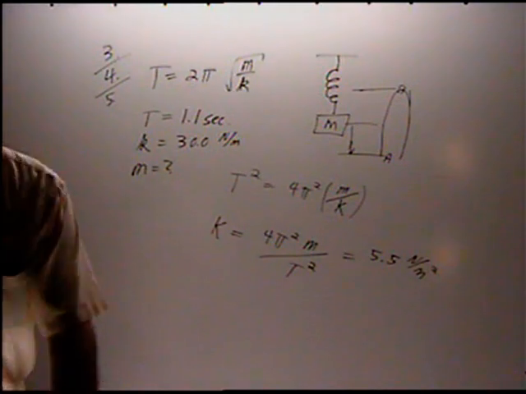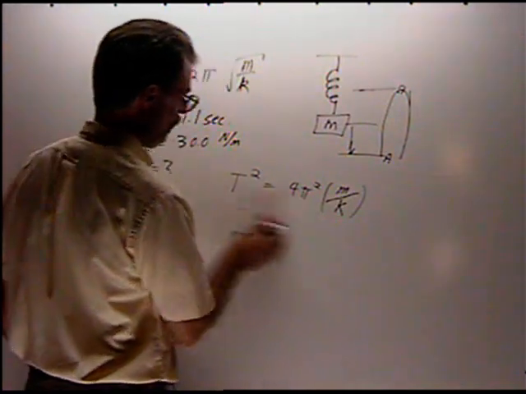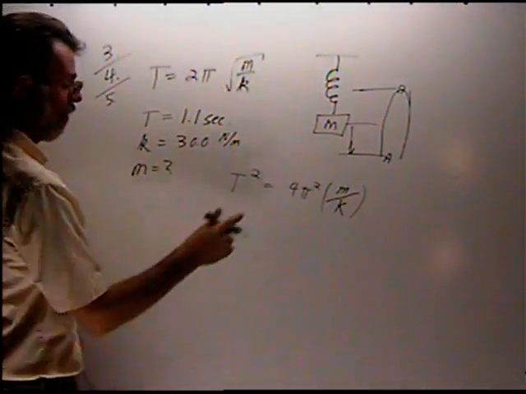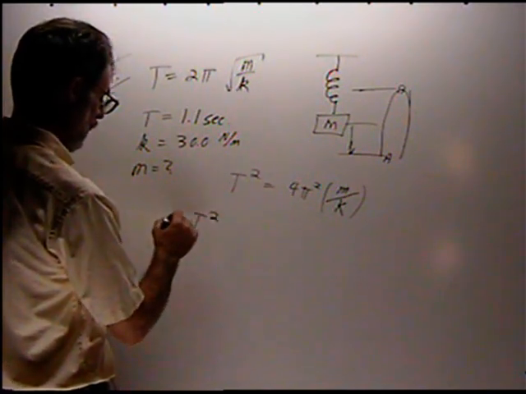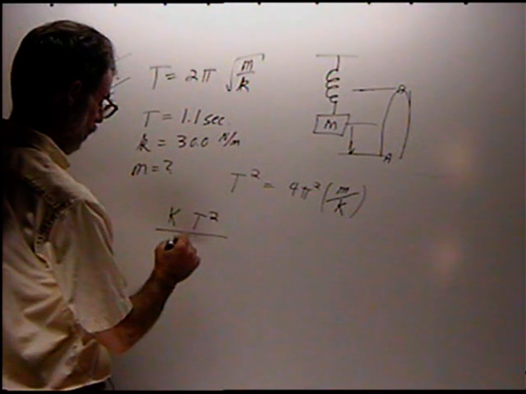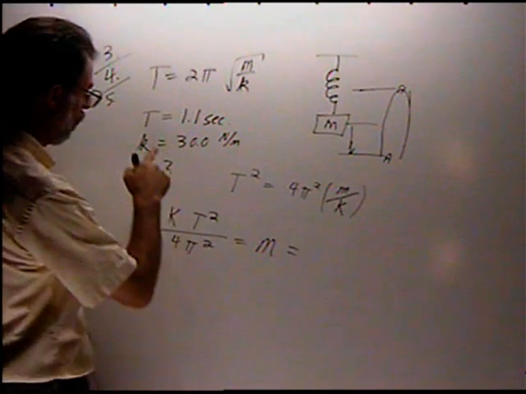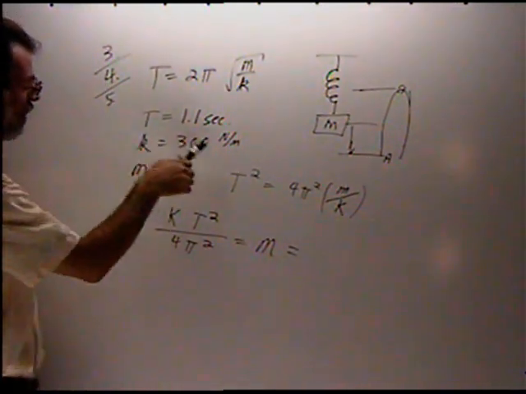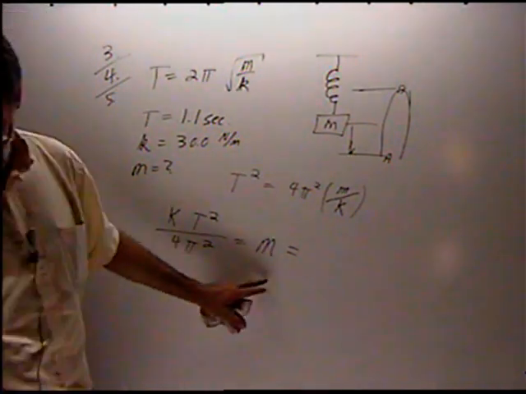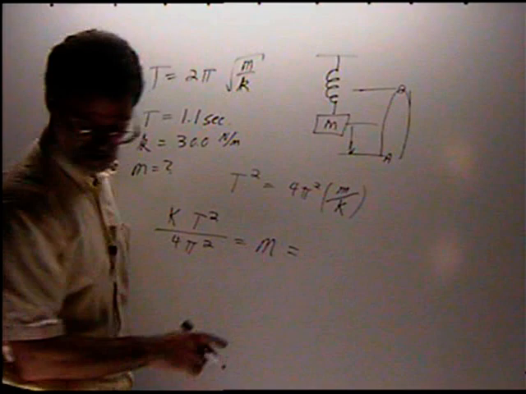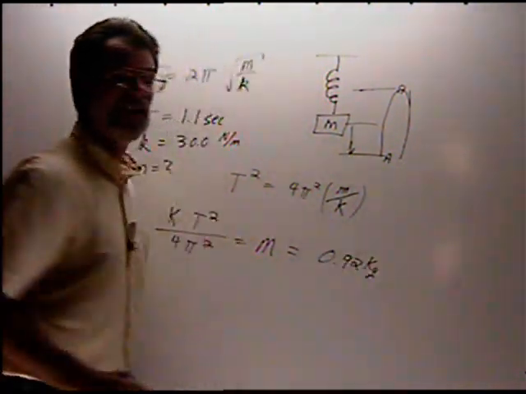In this case, you square both sides and solve for the mass, so the mass would simply be T squared times k divided by 4 pi squared. So you simply plug in all these numbers, seconds, newtons per meter, and solve for the mass. I'm not going to do it, but according to the book, you should get 0.92 kilograms.